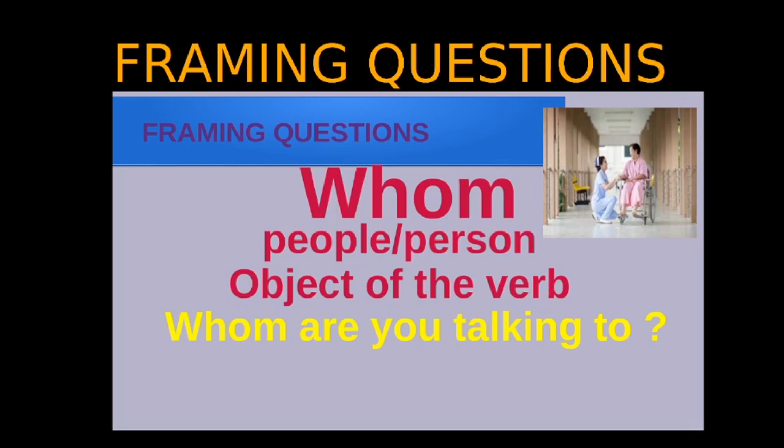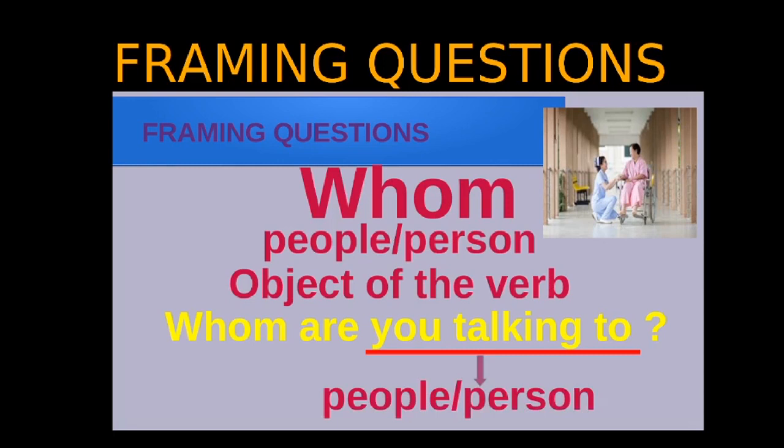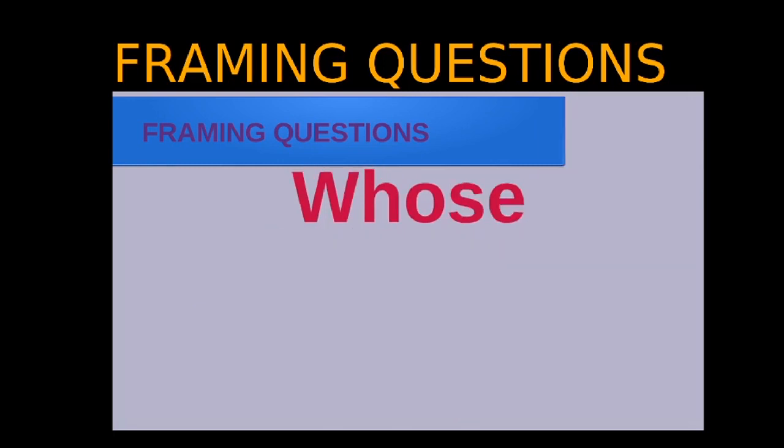So here, I am talking to Siddharth. So Siddharth is coming in the object position. So when you have to get the person in the object position, you have to use whom as the question word. So are you talking to is the people or person.